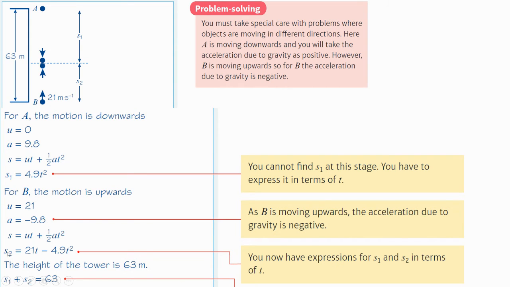Instead of S2, we could write 21t minus 4.9t squared. And then if we put them added together, making 63, then all we've got in that equation is t. We could figure out t, which is not what we're looking for, but it's enough then to find out what we're looking for.